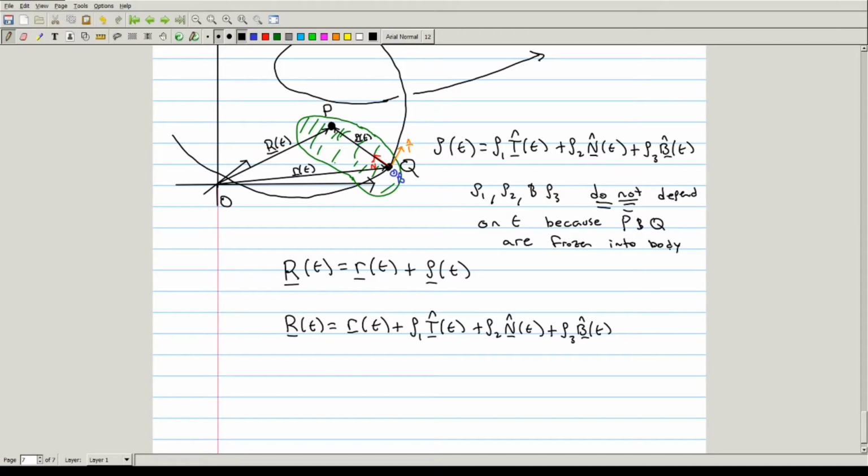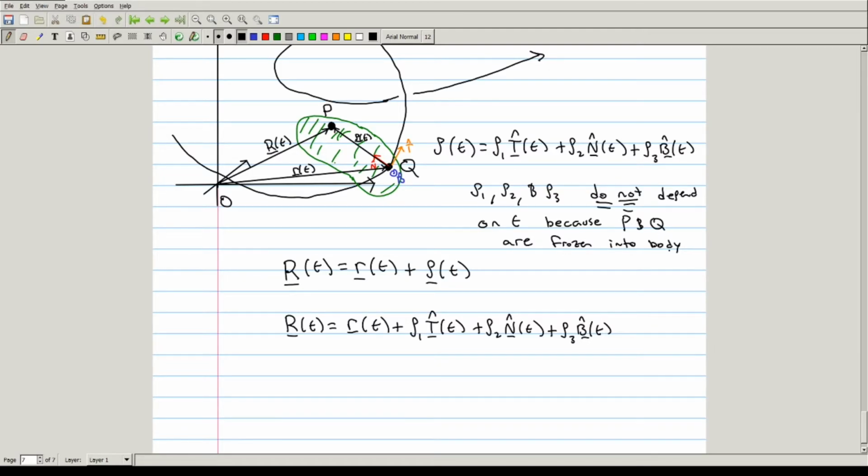So even if the body is rotating as it moves along the curve, these two points are fixed relative to one another. So what's really giving us this constancy is that they're fixed relative to one another.